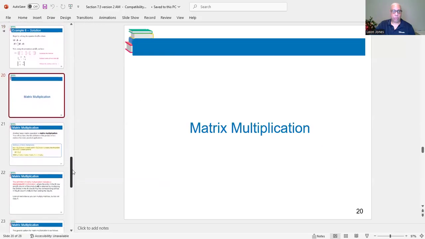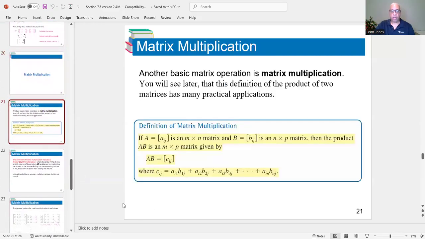Now we're going into matrix multiplication. Another basic matrix operation is matrix multiplication. And you'll see later that this definition of the product of two matrices has many practical applications.